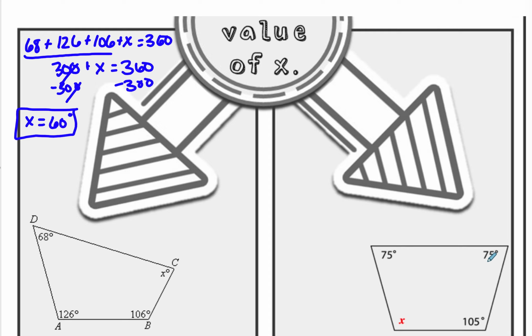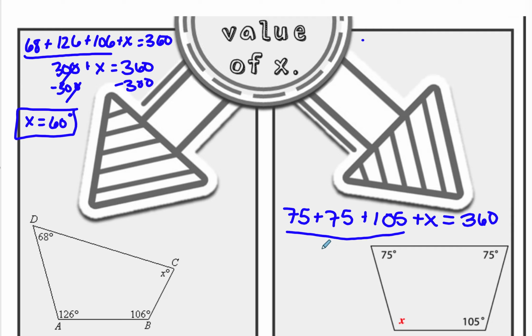All right, let's try our next one. So here I have 75, 75, 105. I'll do it down here. 75 plus 75 plus 105 plus x equals 360.